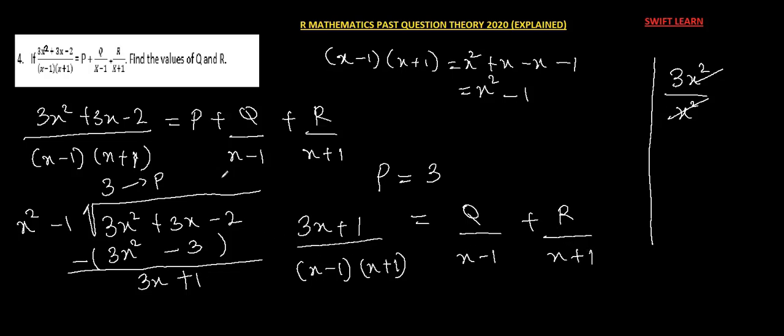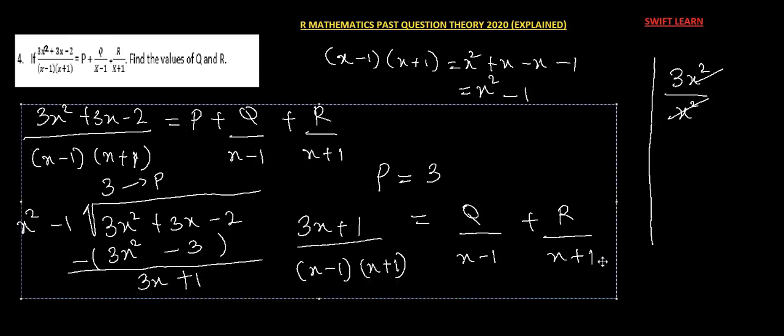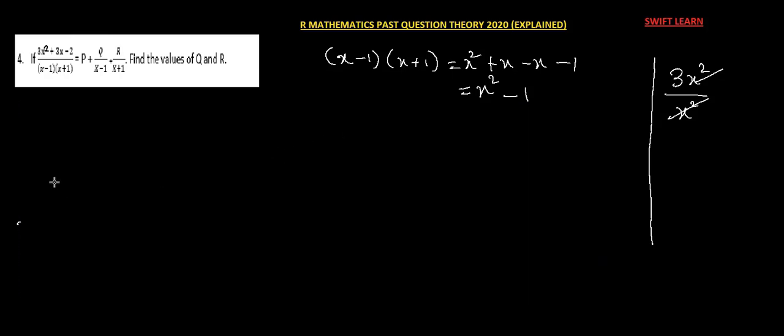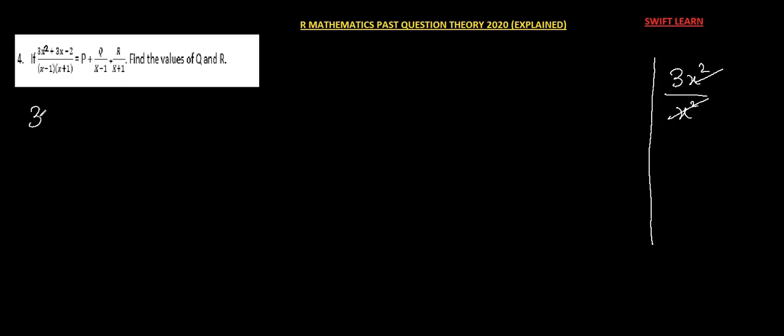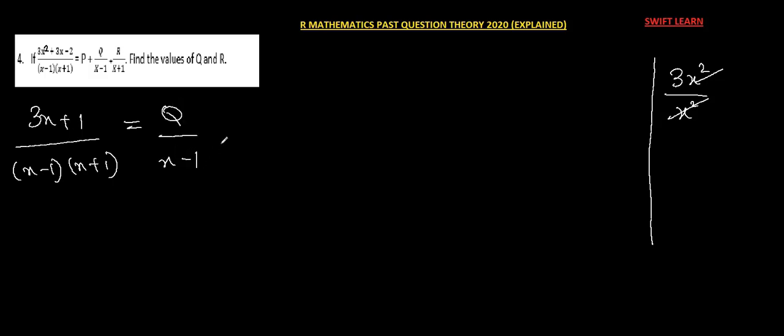So this is the next thing we are going to do now. Let me write that. Remember, we have 3x plus 1 divided by (x minus 1)(x plus 1), which equals q over x minus 1 plus r over x plus 1.